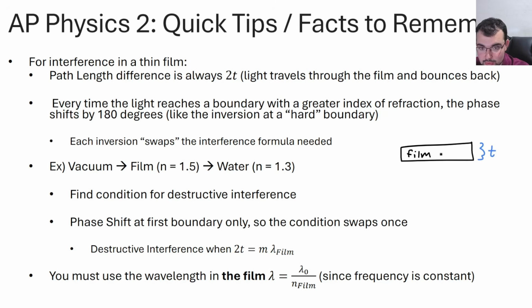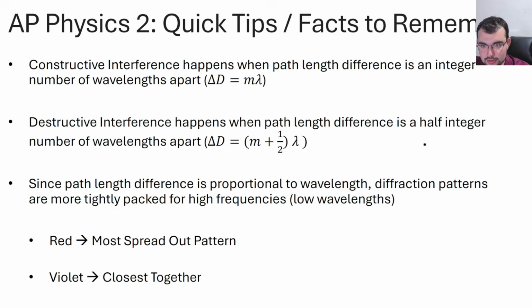And then another thing is we have to take into account that if you approach a boundary and you go into a denser medium, that pulse reflects. So if you go to a higher index of refraction, every time your refractive index goes up, the conditions swap. So if I'm looking for destructive interference, which is originally this, anytime I go to a higher index of refraction, I have to swap the conditions back and forth.